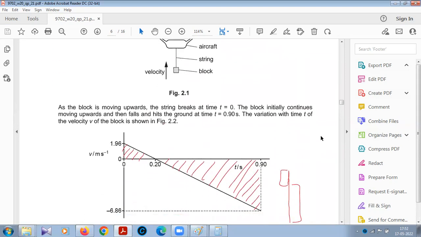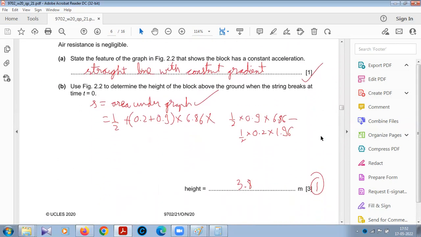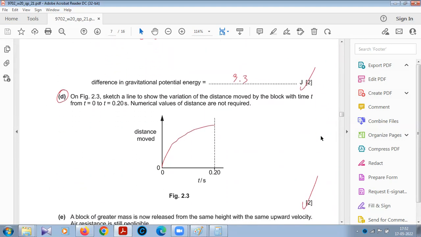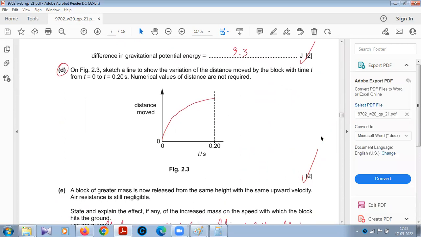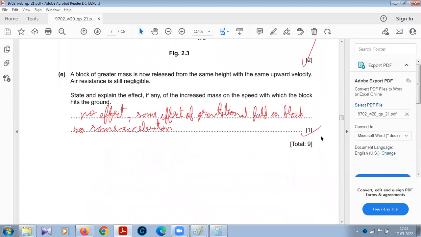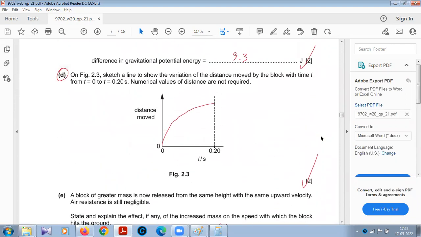I'm done solving with the past papers from 2016 to 2022. So here is your doubt now, I think this one. On figure 2, I've circled it. Sketch a line to show variation of distance moved by the block with time t from t equal to 0 to t equal to 0.2 seconds.